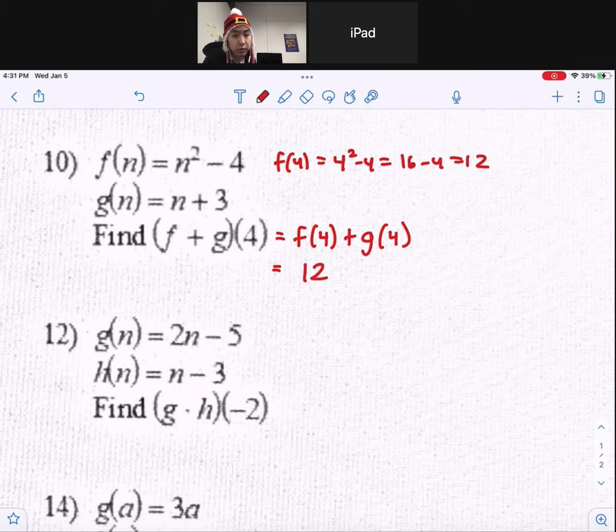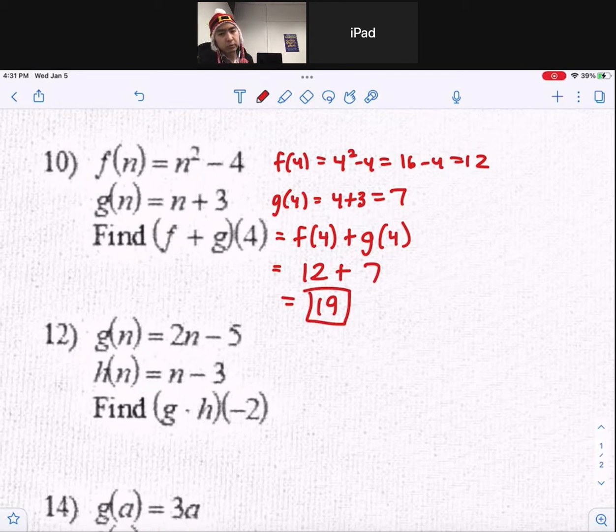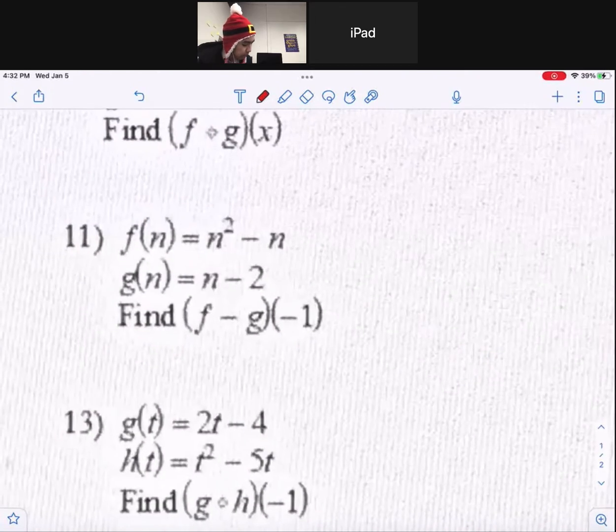So f of 4 is 12. What's g of 4? We plug in 4 into the g function, and you get 4 plus 3, which is 7. So we have 12 plus 7, which is 19. So follow the operation, but since we're evaluating at a number, plug in that number into each function respectively.